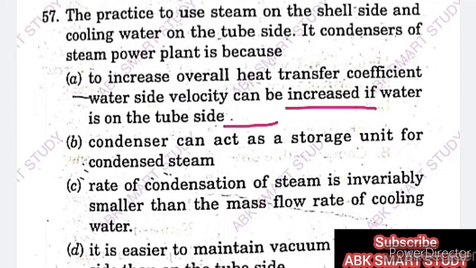Here the specific volume of steam is large and more volume is required for steam. Hence the shell side is used for steam and water is circulated through the tubes in the condenser. So option A is the correct answer for this question.